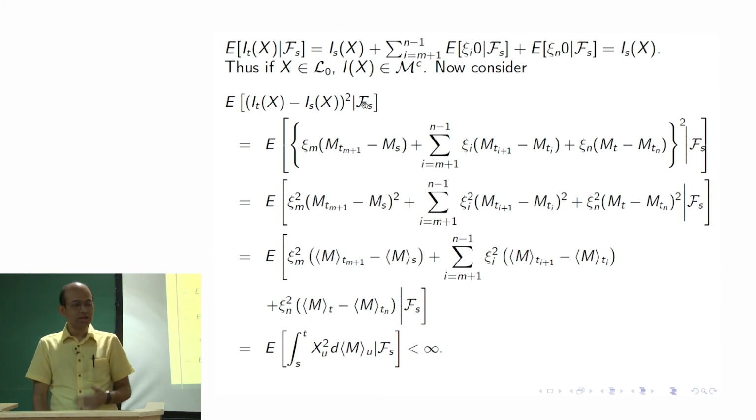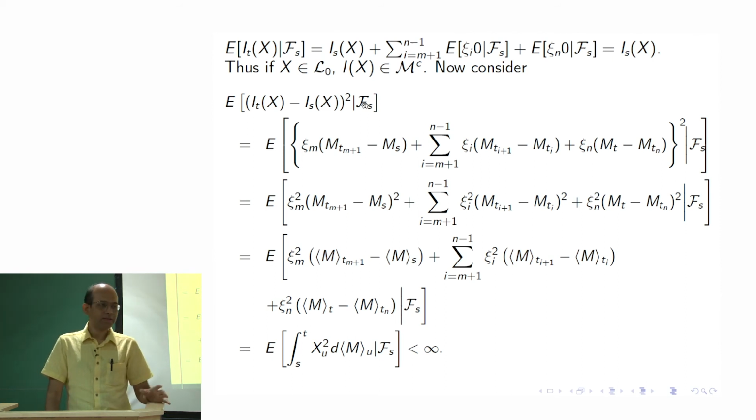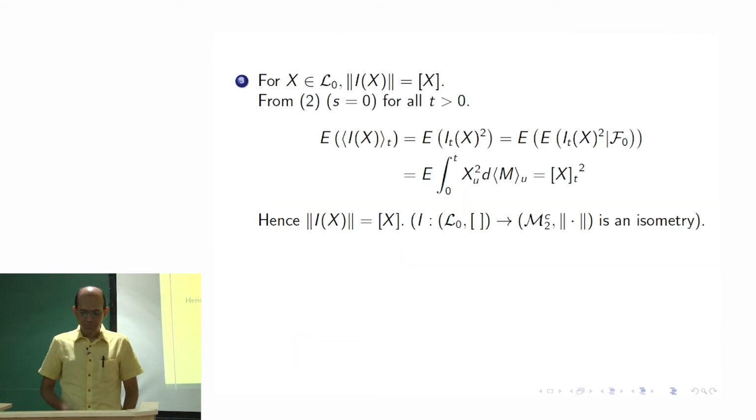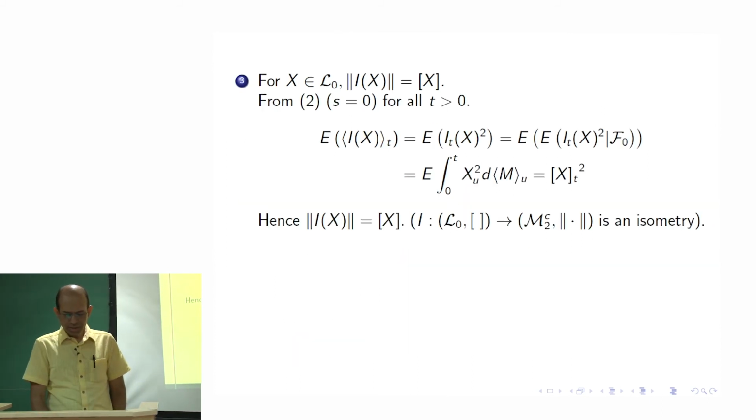In other words, we have proved that this stochastic integration is square integrable, its expectation is finite. Now for x in L0, that means a simple process, we consider the norm of the integration, the norm of Ix. What we prove here is that it is nothing but the box norm of x.